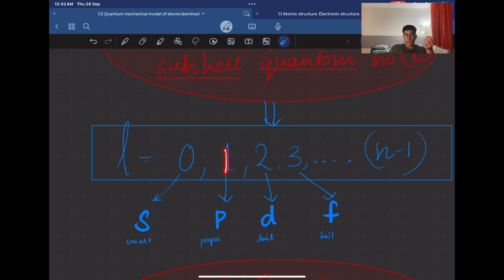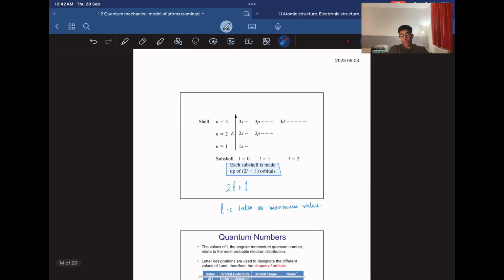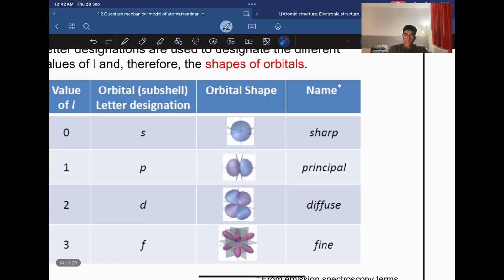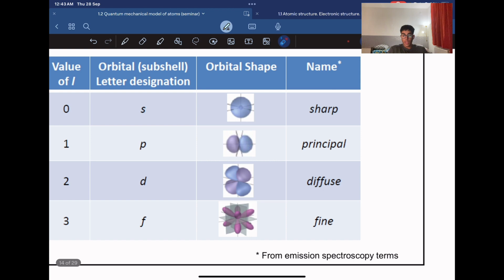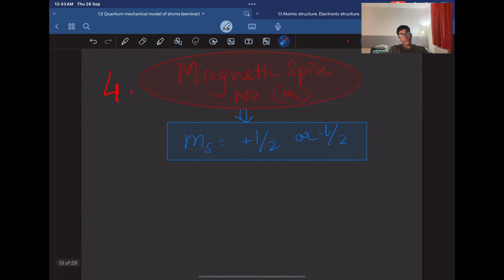That just helps you remember. So 0 refers to the s orbital, 1 refers to the p orbital, 2 refers to the d orbital, 3 refers to the f orbital. Let me show you the shape of the orbitals real quick. There we go. S has a spherical structure, P has a sort of dumbbell structure, D has sort of a double dumbbell structure. And F over here, I don't even know what shape that is, just like a porcupine type thing. But you get the point.